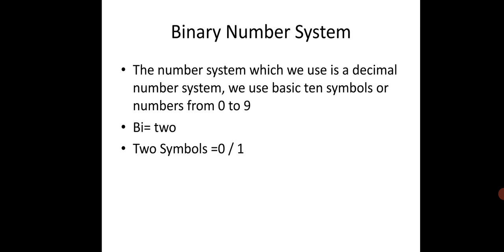We use basic 10 symbols from 0 to 9, but in digital circuits it is very difficult to use these numbers directly because of 10 different levels. Therefore, a new number system was developed so that only 2 levels are required for operation. The 2 levels are 0 and 1. This new number system is known as the binary number system. Bi means 2 and 2 symbols are used, that is 0 and 1.